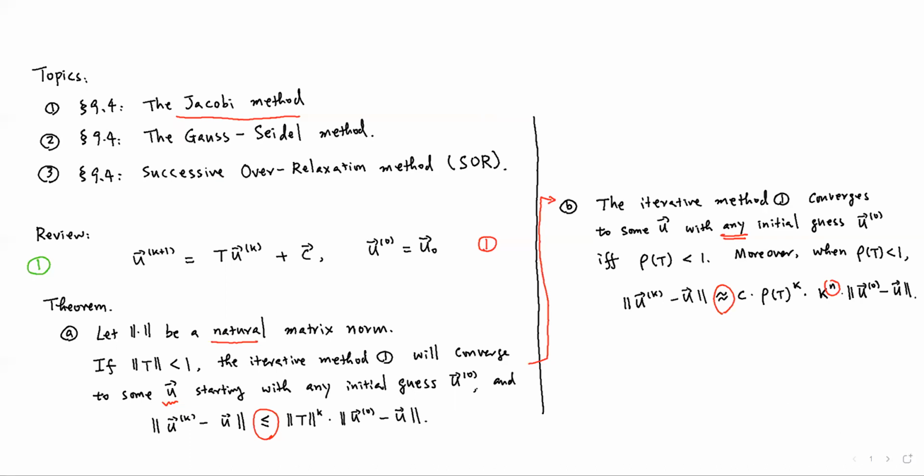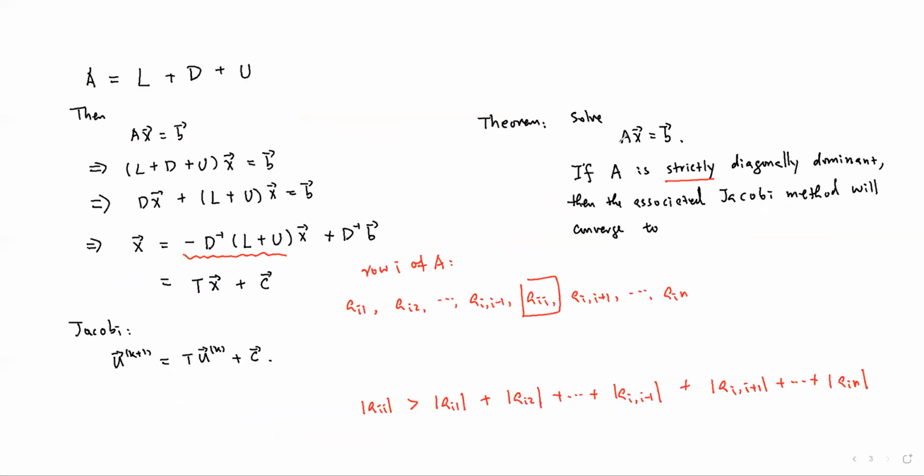But here, the method will converge to the solution of the linear system, guaranteed, with any initial guess.